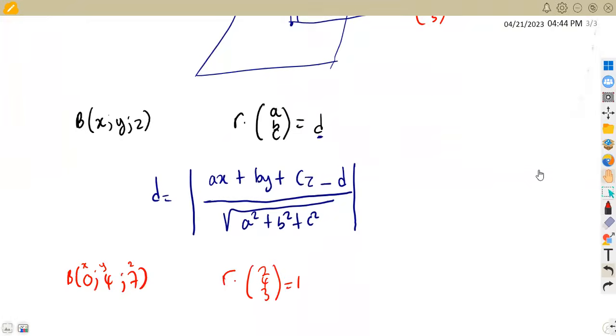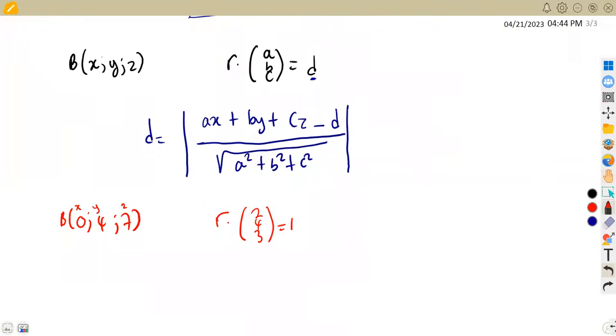So the perpendicular distance now, which is the D, is going to be given as AX, that is A times X, 2 times 0. So we are going to have 2 by 0 plus BY, where B is 4, that's 4 times Y, 4 times 4.